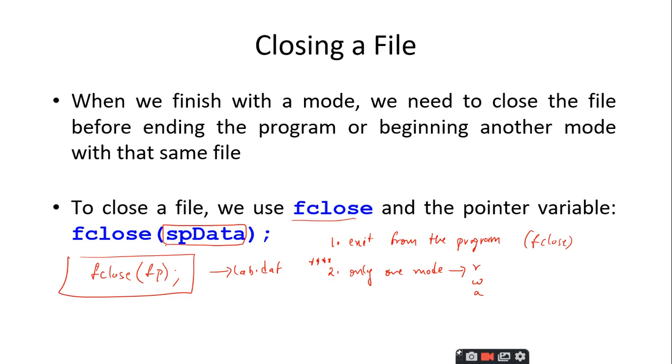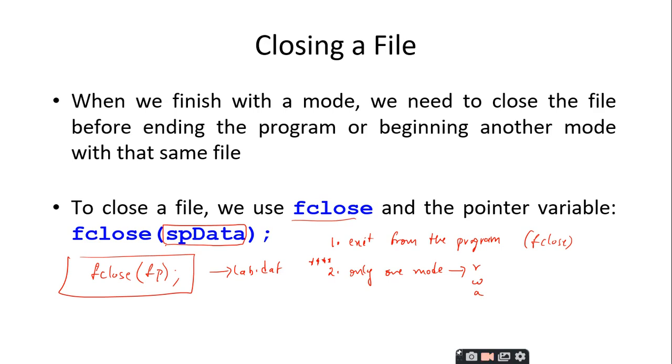But you cannot open the same file in two modes like R and W, W and A. This is not possible. So only one mode is possible with the fopen function. And when you are done with that particular mode, you can close it and you can open that file in another mode.